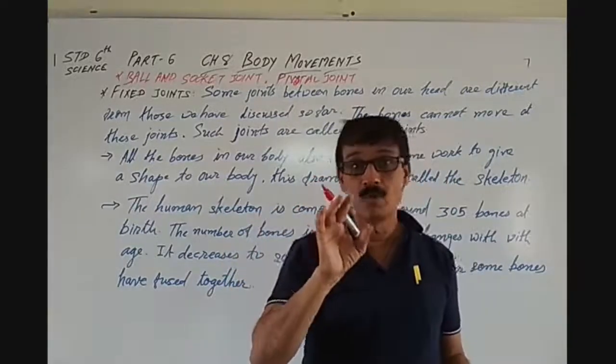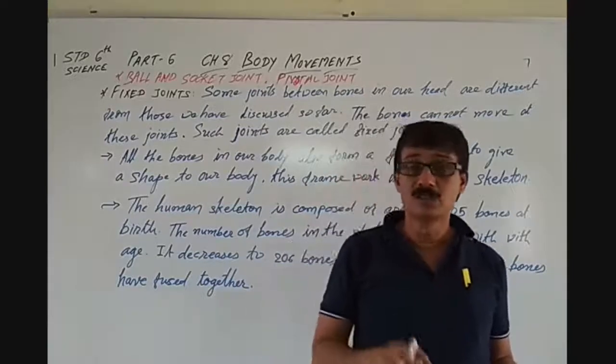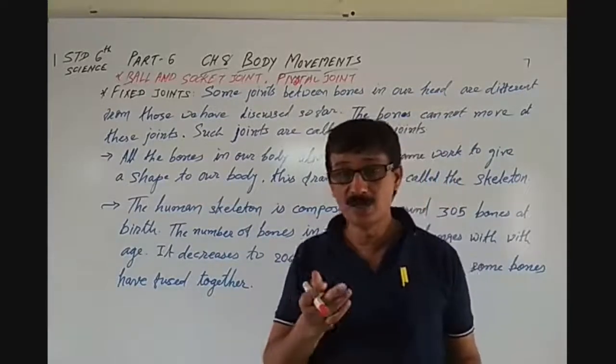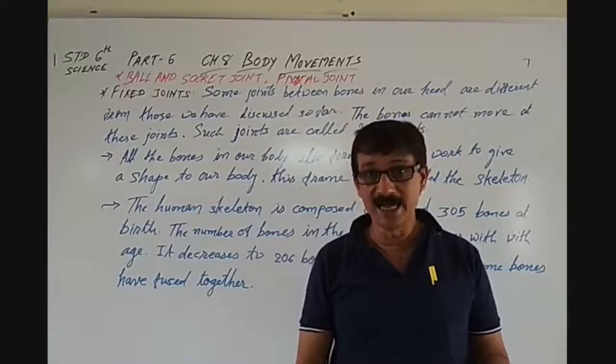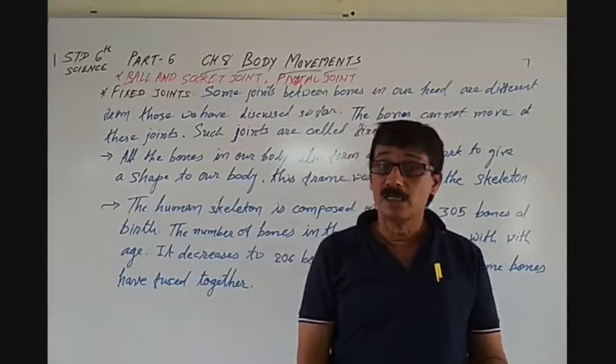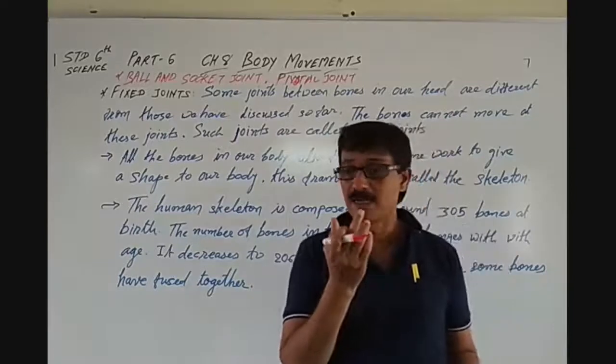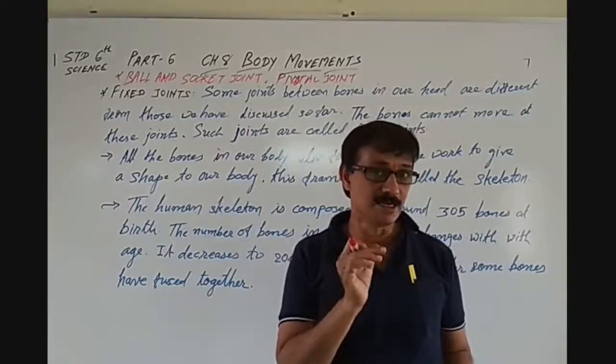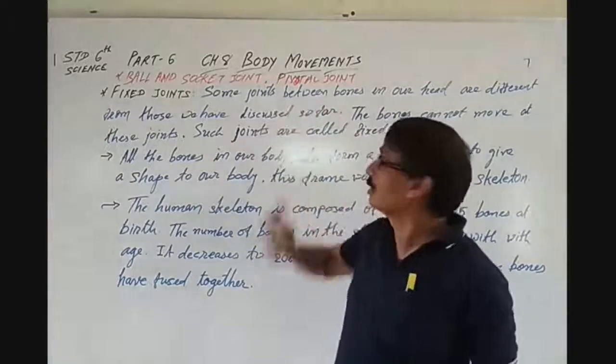It is available over there, and it allows the head to move backward and forward, isn't it? And it allows the head to rotate left and right. So that is a pivotal joint.